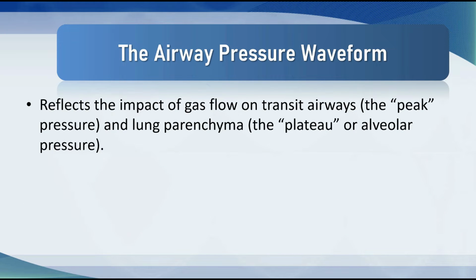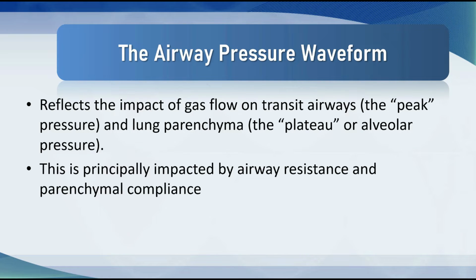The airway pressure waveform reflects the impact of gas flow on transit airways and subsequently the lung parenchyma. That's the plateau or alveolar pressure. This is principally impacted by airway resistance and parenchymal compliance.